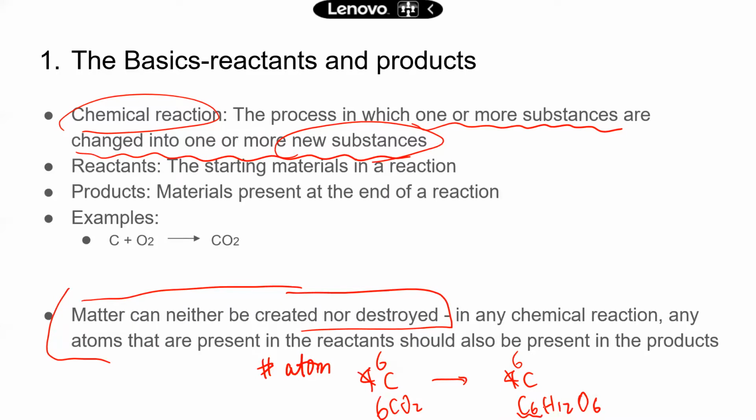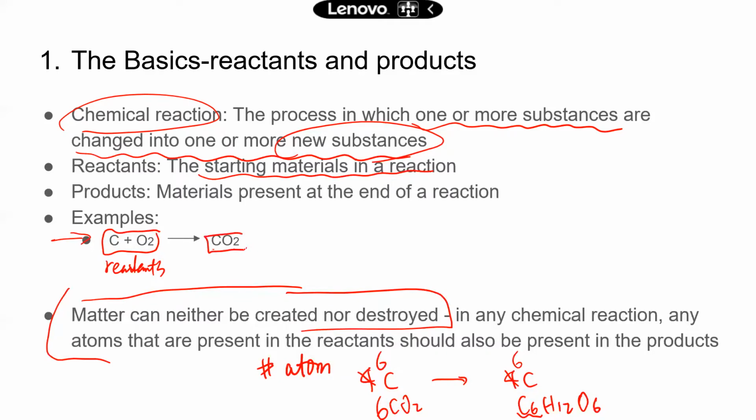All right, now I did mention a term, which is a reactant. Reactants refer to the starting materials in a chemical reaction. So if you look at this example, carbon reacts with oxygen, and that generates carbon dioxide. Carbon and oxygen will be considered reactants. And then the products are materials present at the end of a chemical reaction.